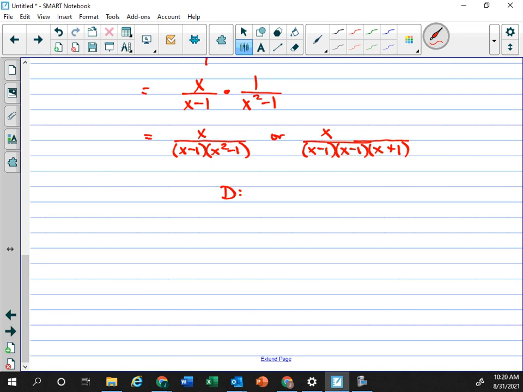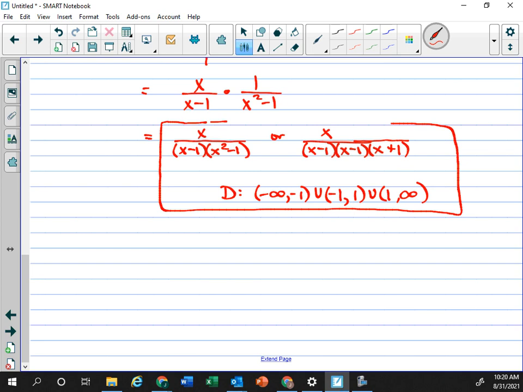Right, so it still can't equal 1 like before, but we have this extra factor. This one's going to also say it can't equal -1, okay? So good start. So negative infinity to -1, -1 to 1, 1 to infinity, okay? So either way you want to write the fractions, and then the domain is there.